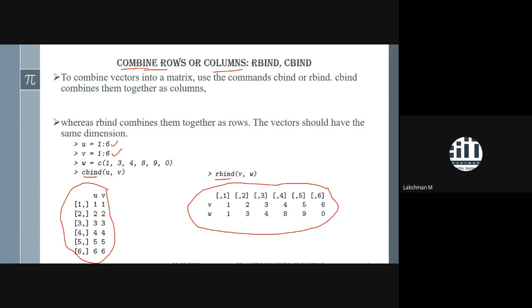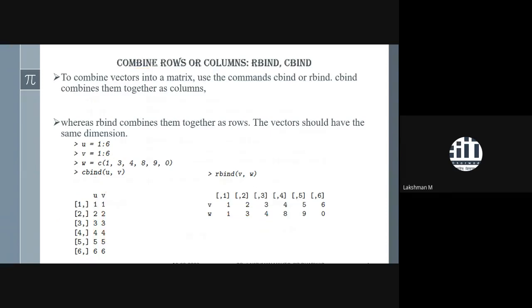With rbind, the entries go in row wise: the first row comes first, then the second row. Here row wise entry is happening due to rbind, and in cbind, the column bind, it happens column wise: the first column enters first, and then the second column comes.